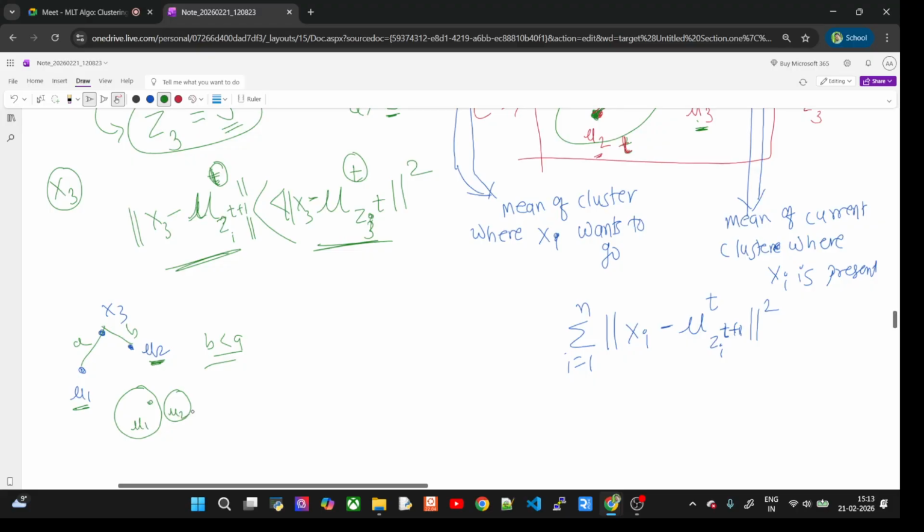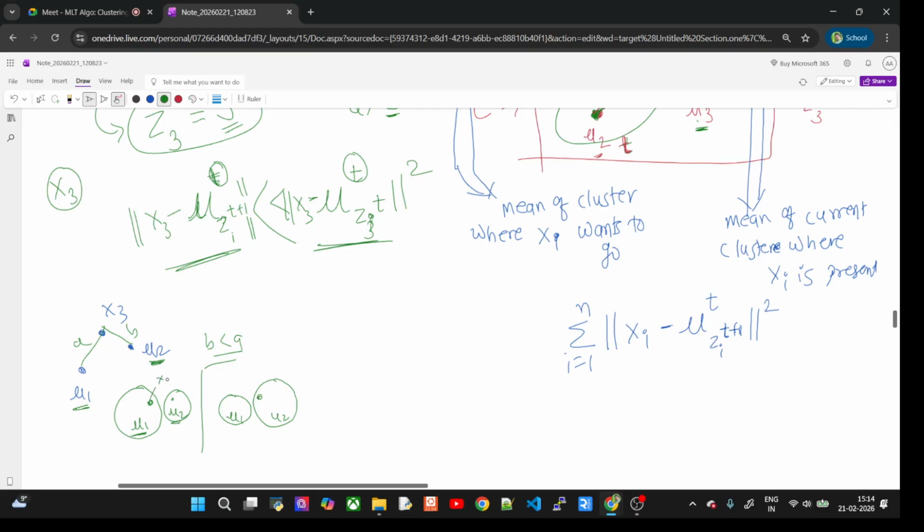Currently they have this mean, but once this point jumps here in the next iteration, the circle of mu2 will get bigger, correct? Because mu2 has to accept this point also. And mu1 will shrink.